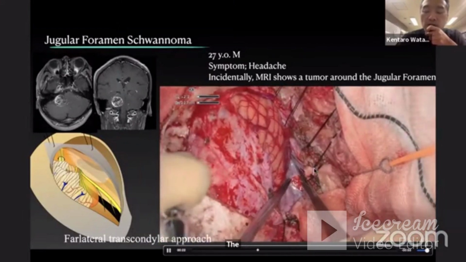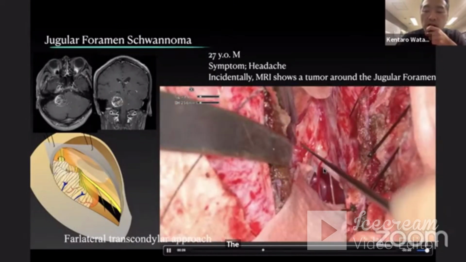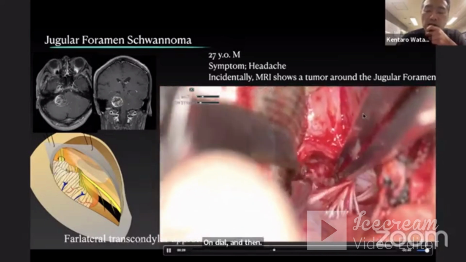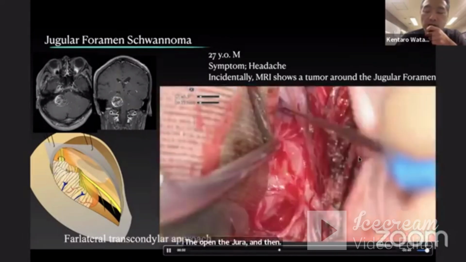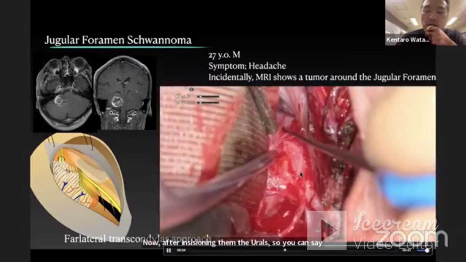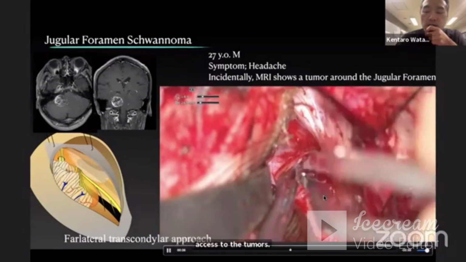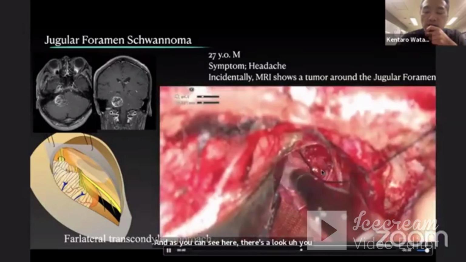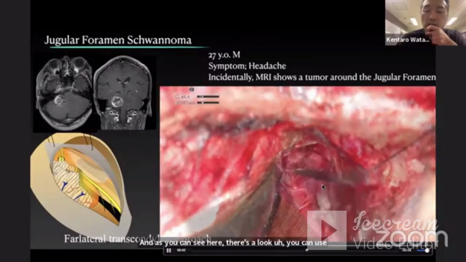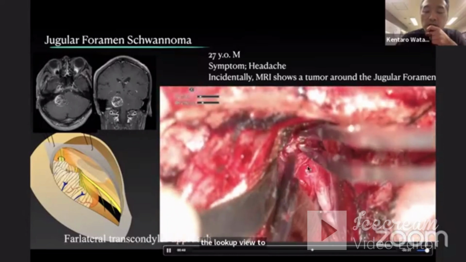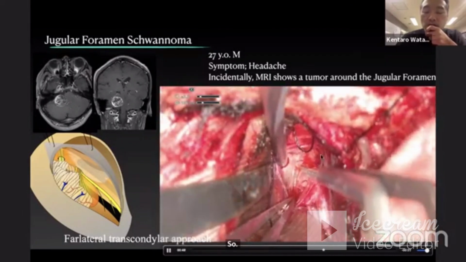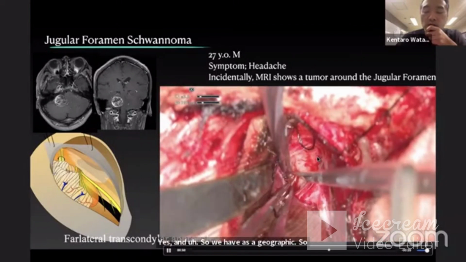So we need to remove the condyle and then open the dura, and after incision of the dura, you can access the tumor. As you see here, you can use a lookup view to the jugular foramen. So here we have the jugular foramen schwannoma, and we have to use the very small corridor between the nerves.